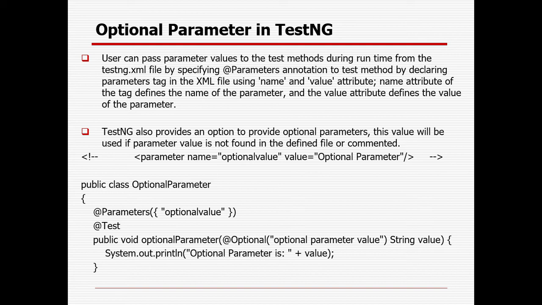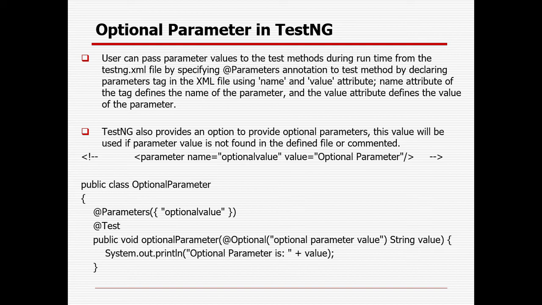And in case a particular attribute changes, we need to update each and every test case. To avoid this, we use parameters in the TestNG XML files with the help of name and value.